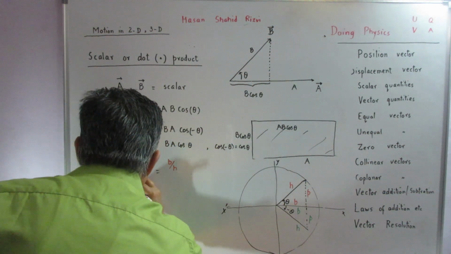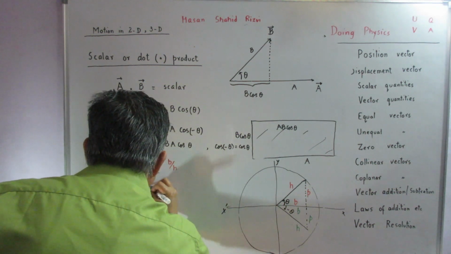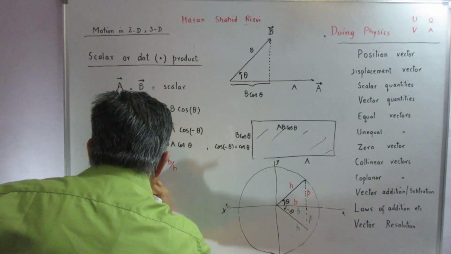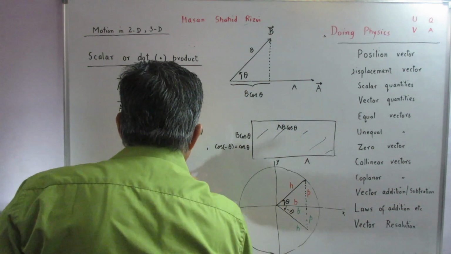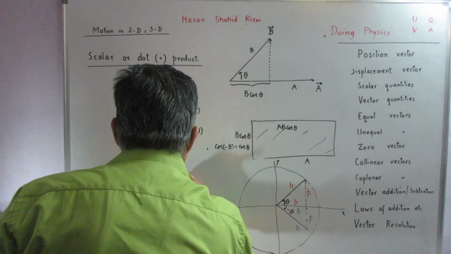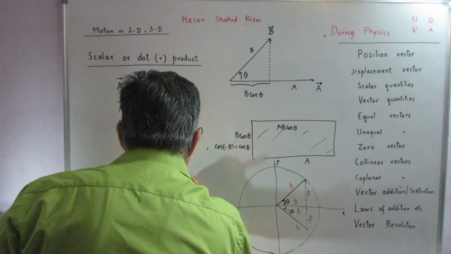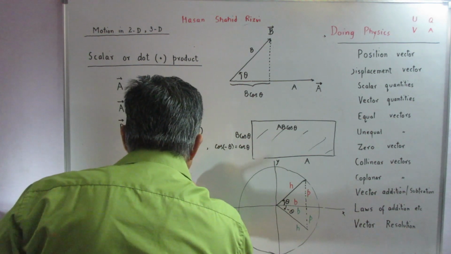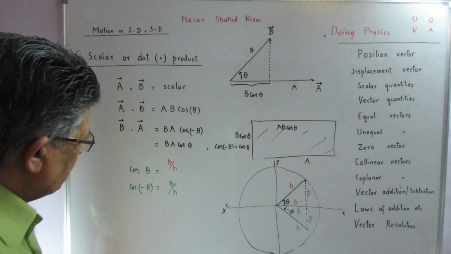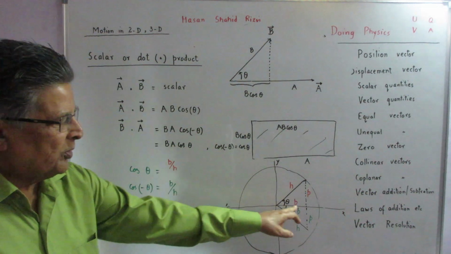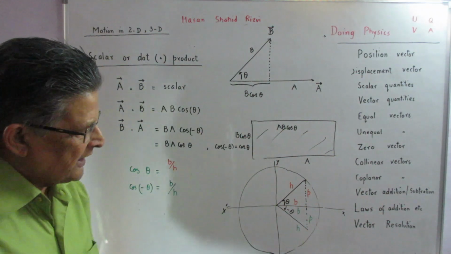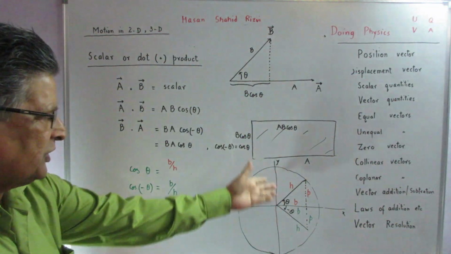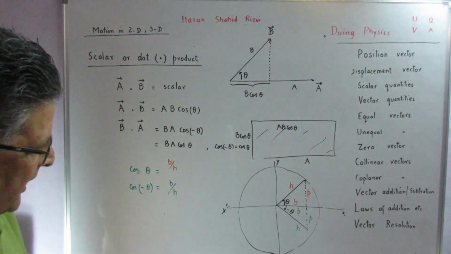In the case of cos of minus theta, this turns out to be equal to b upon h. So you can see b in both cases is common, from left to right in the positive direction of x, and of course h does not have any direction.